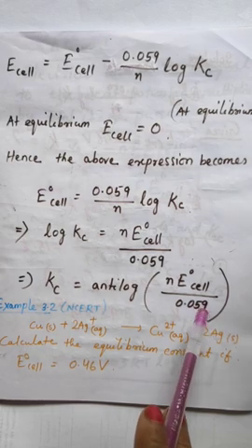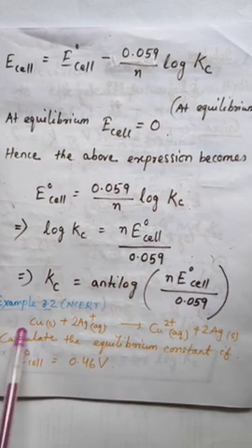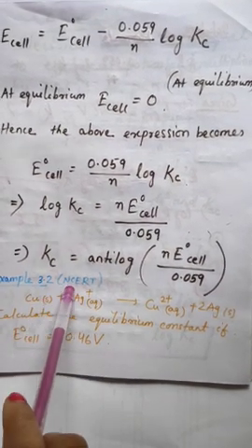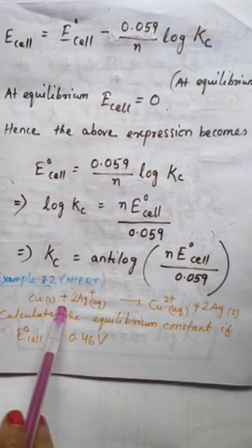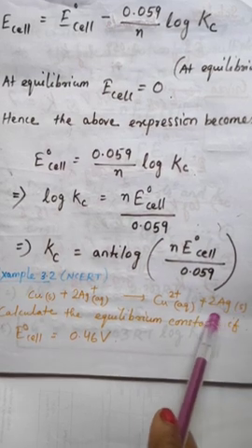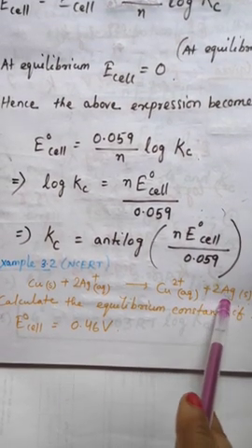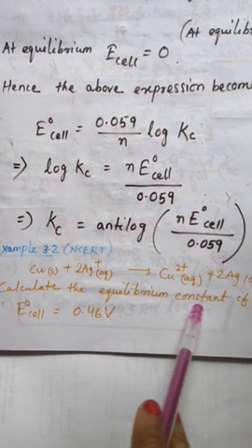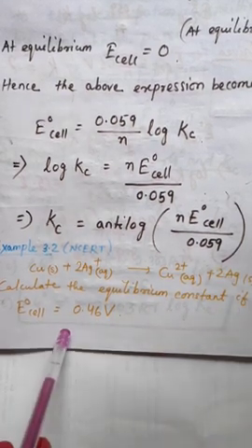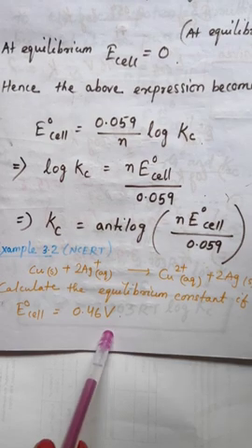Now we'll solve one example, example 3.2 of your NCERT book. The question gives the balanced redox reaction that occurs in the electrochemical cell. Calculate the equilibrium constant if E naught cell is equal to 0.46 volt.